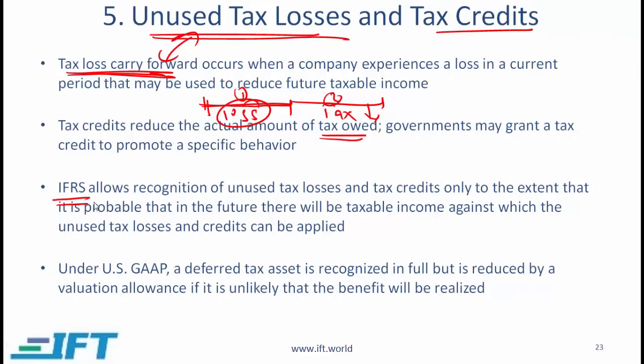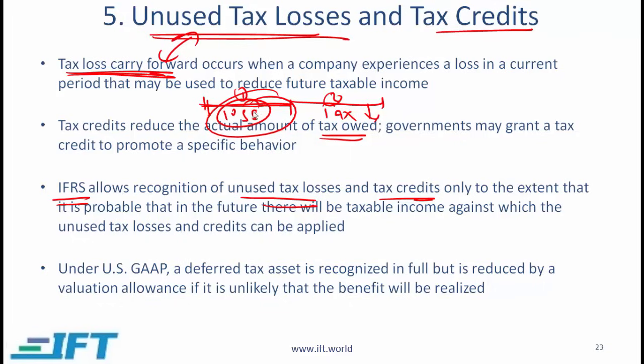IFRS allows recognition of unused tax losses and tax credits only to the extent that it is probable that in the future there will be taxable income against which the unused tax losses and credits can be applied.